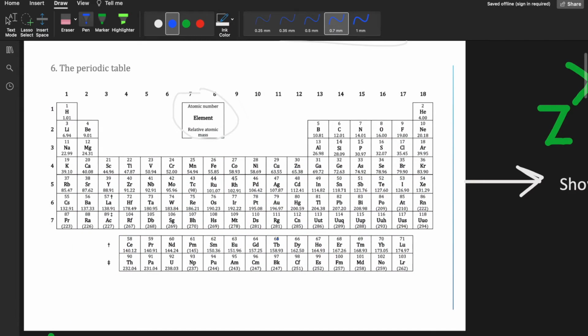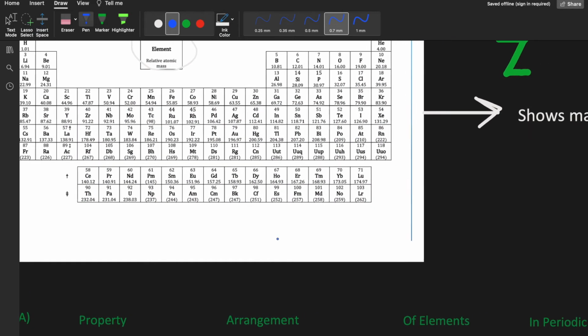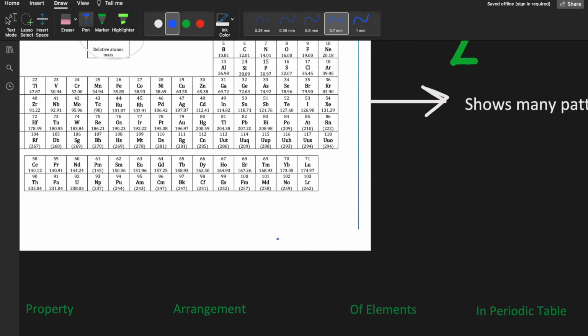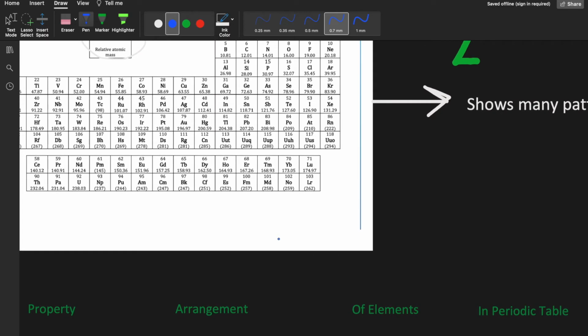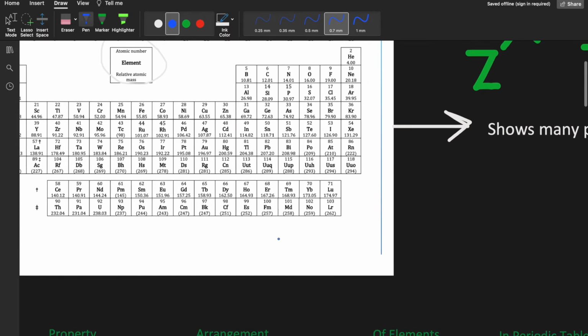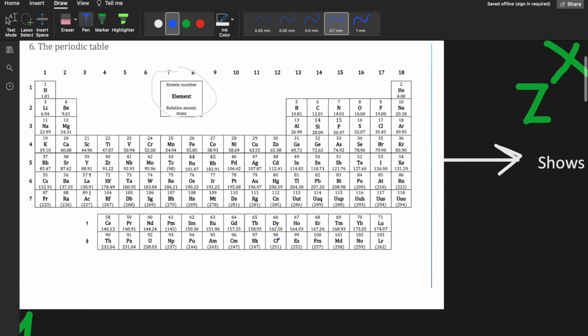So for the first part of question number 6, we're asked to identify the property in which the elements of the periodic table are arranged. Looking at the periodic table, we have multiple observations. Each element has a different relative atomic mass than the other, and we can see this right here. We can also see that each element has a different atomic number than the element next to it or under it.